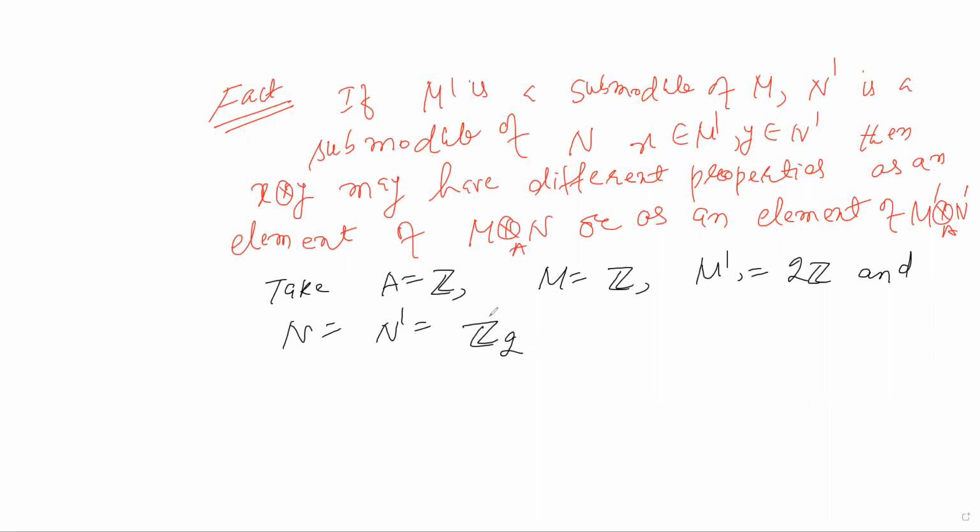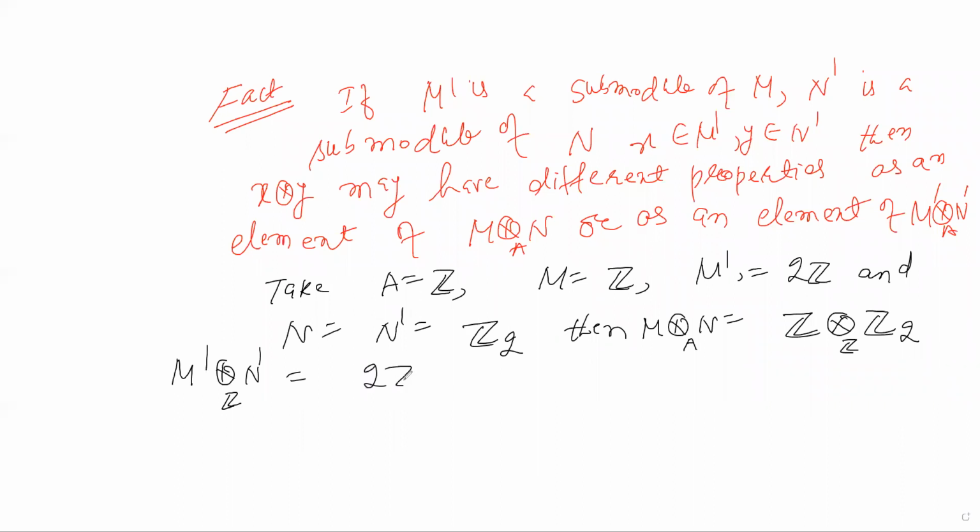Okay. So then this M tensor product N is actually Z tensor product Z2, and M dash tensor product N dash over Z is actually 2Z tensor product Z2.